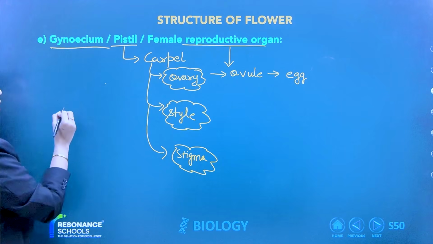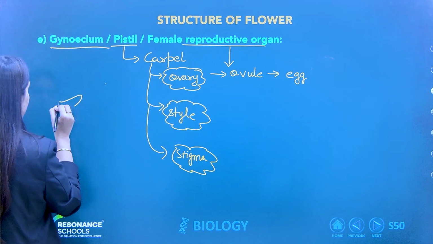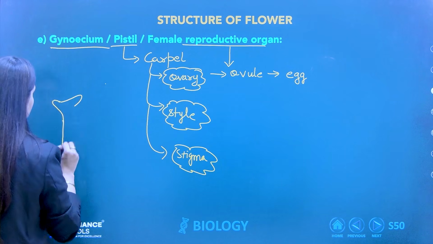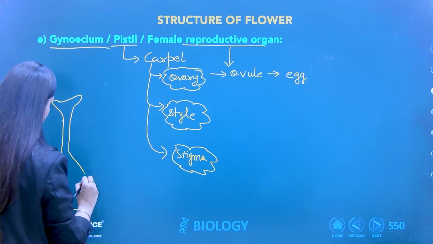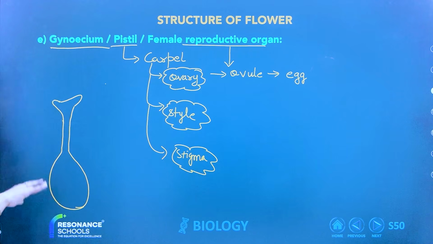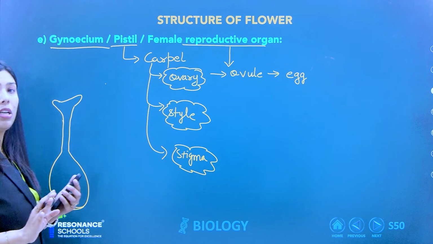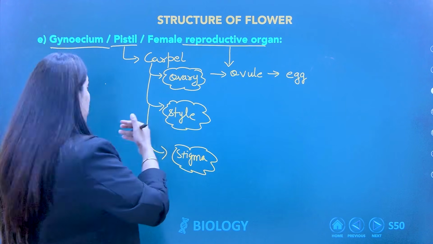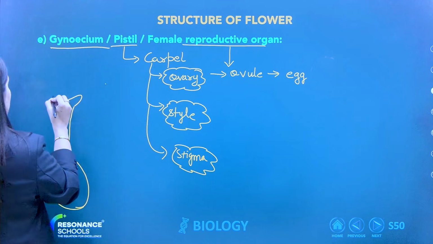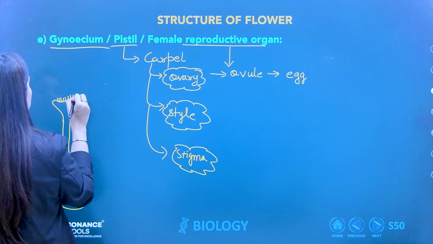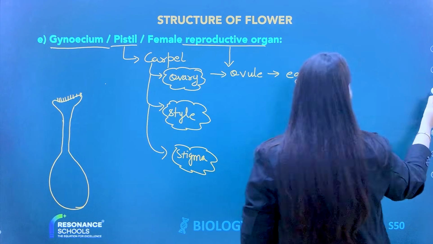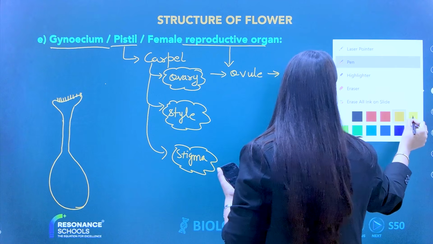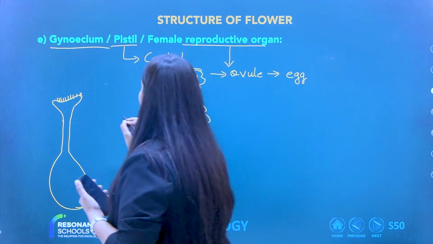Now if I have to draw these parts, like this. This is a part of your female reproductive system. This part is a little sticky.